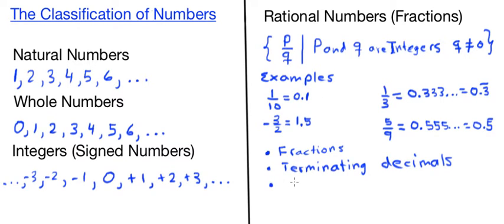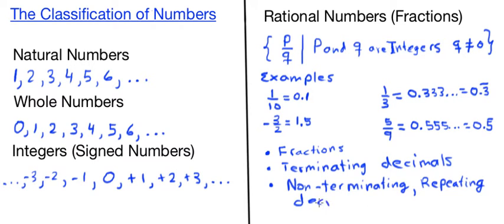Or they are non-terminating repeating decimals. Okay, so if a given number either looks like a fraction or a terminating decimal or a non-terminating repeating decimal, then it is a rational number.